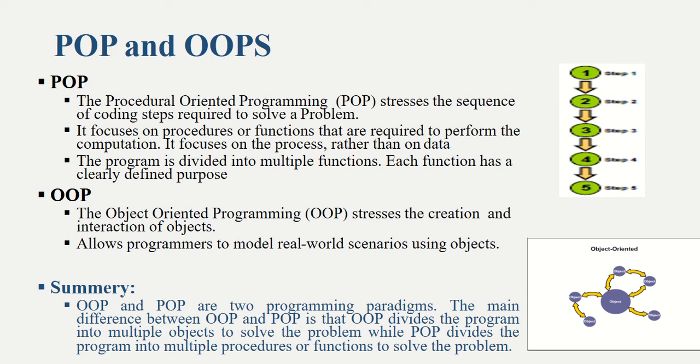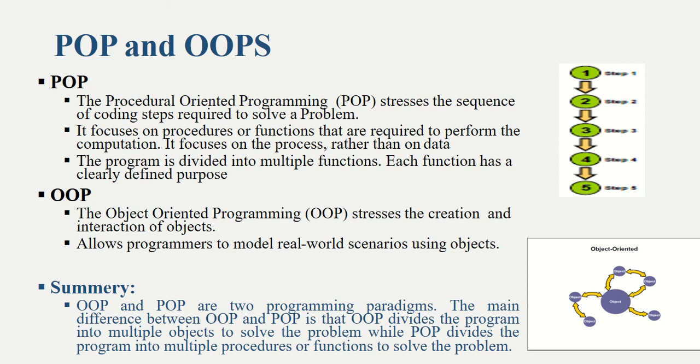It was a very good way in the past, and some people still use it for simple programming. Basically, it divides the program into functions, and each function has some task or purpose to do, and you call this function whenever you need.